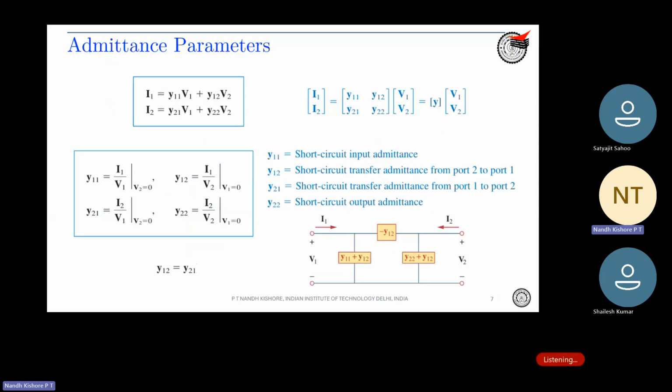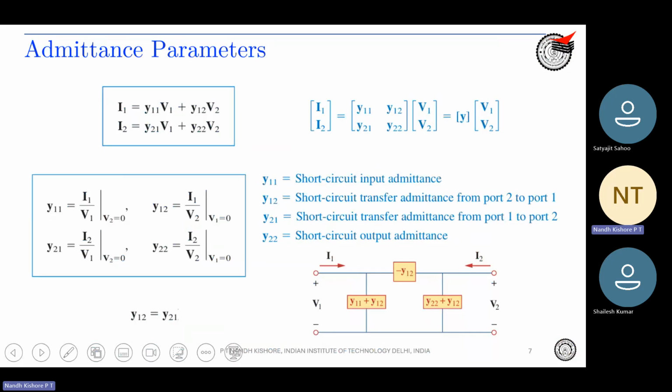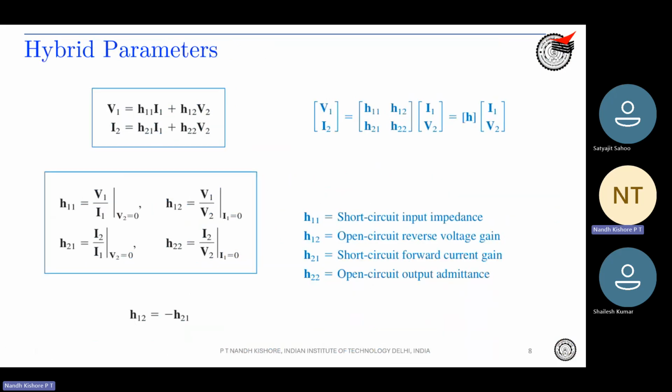So you just need to know which is the dependent and independent variable, right? And you then have hybrid parameters or the H parameters, which is kind of a cross coupling, correct? That is V1 and I2 are your dependent variables, correct?